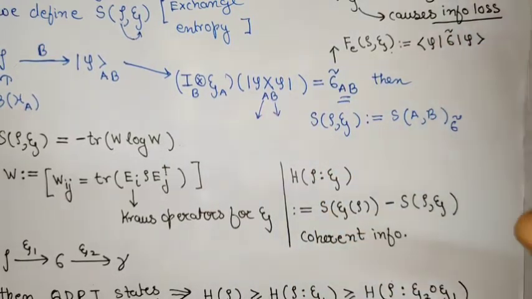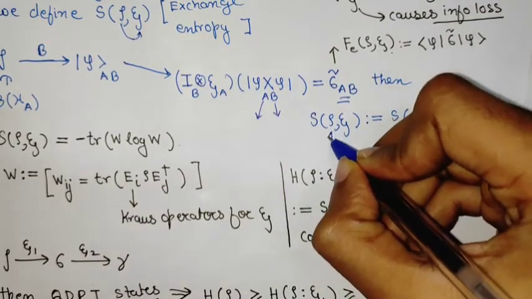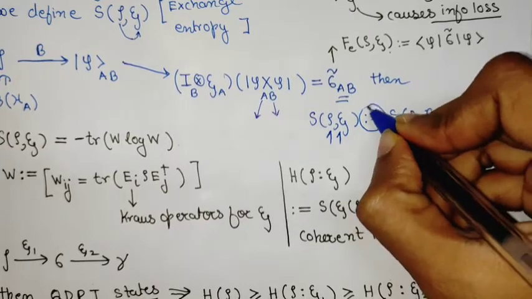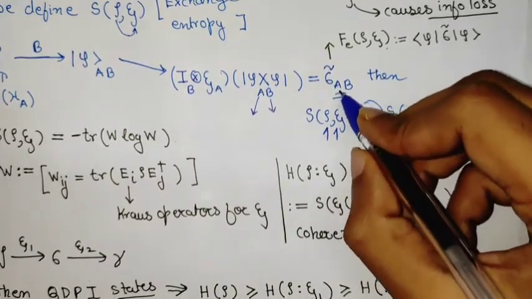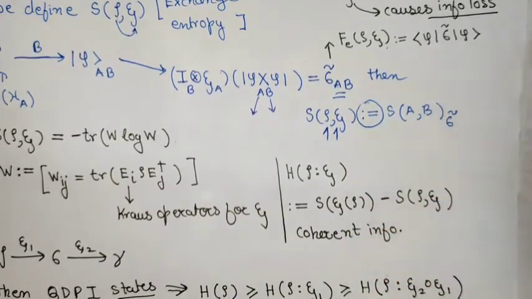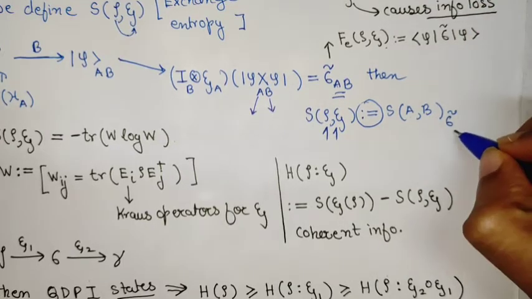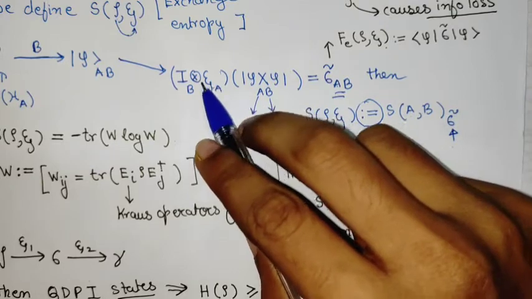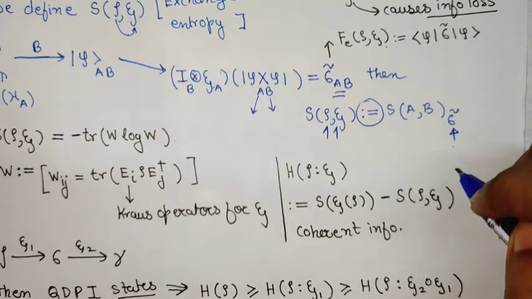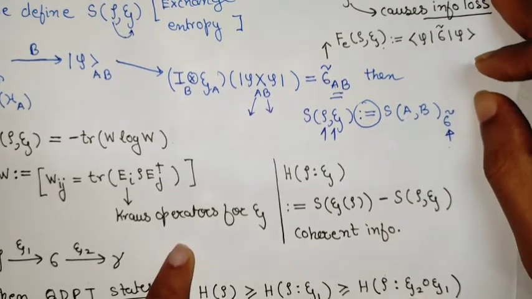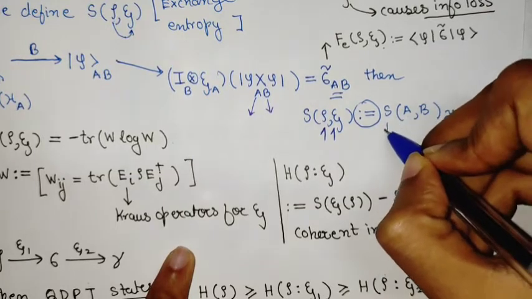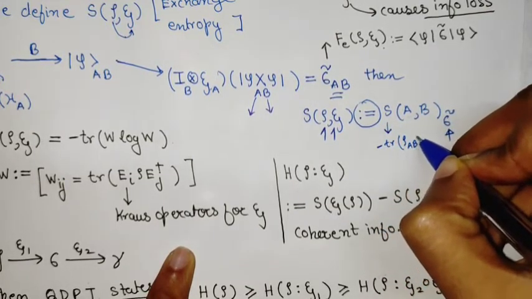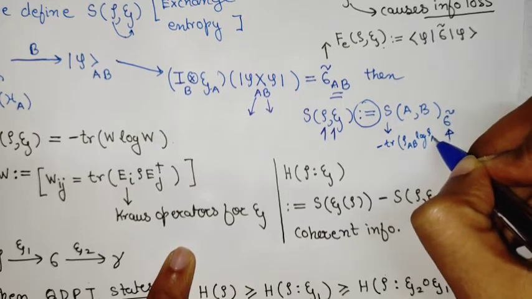And then the entropy of a state and a process is simply defined as the joint entropy of A and B that we obtain from this purification evolution. I must remind you that this is the von Neumann entropy, defined as minus trace of rho AB log rho AB.